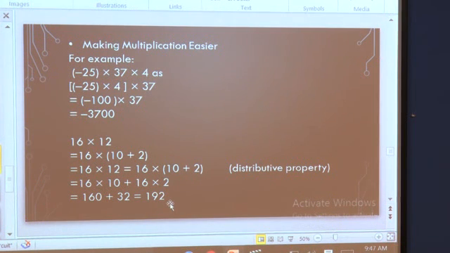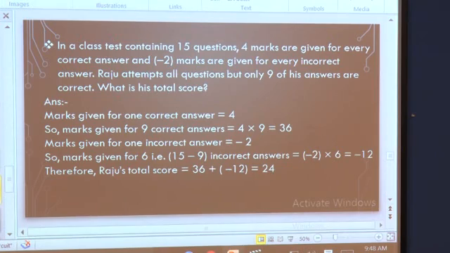What have we done here? We have used the distributive property to solve multiplication sums by a very easy method. So children, you can write your own examples with any integers and whole numbers to solve. You will have practice of this type of examples from the exercise.